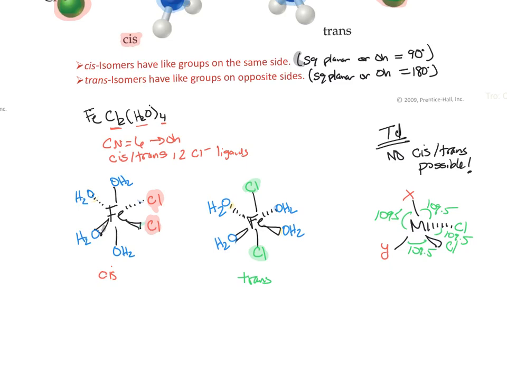No matter where you rotate those chloros, you could just rotate that molecule in space and you would have the identical structure. So this is one good topic to understand, and that's why when I was going over cis and trans geometries, I only spoke about square planar and octahedral.